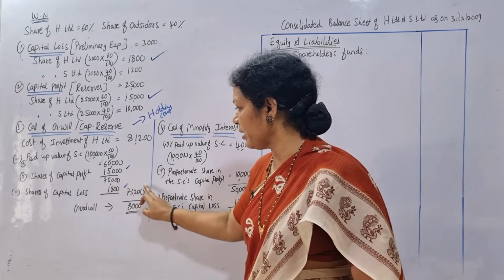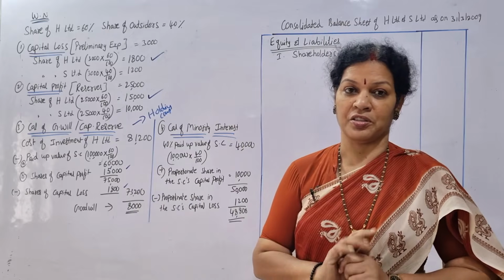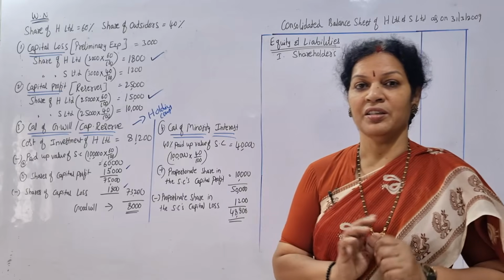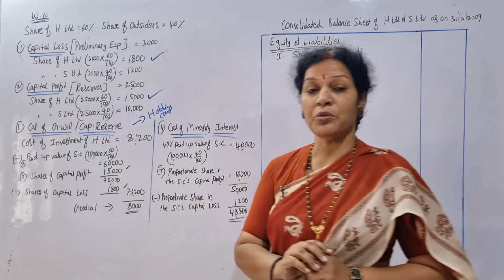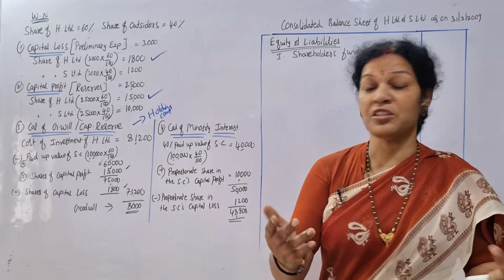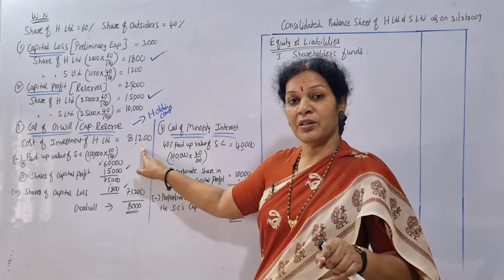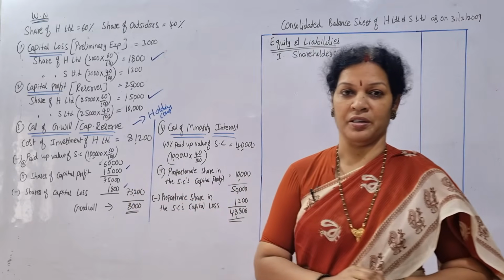So altogether you are getting 73,200, which is the value of the shares of the subsidiary company. But investment is how much? 81,200. We are investing, meaning we are purchasing for 81,200, where the value of the share capital of the subsidiary company is 73,200 only.